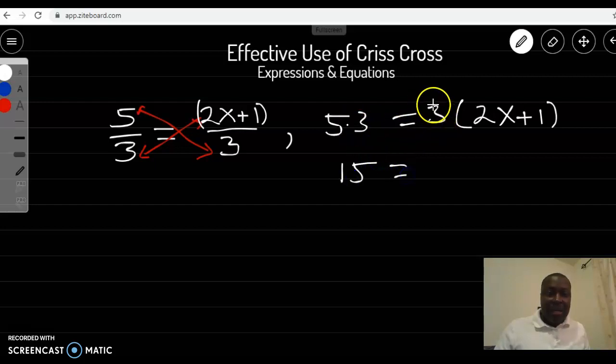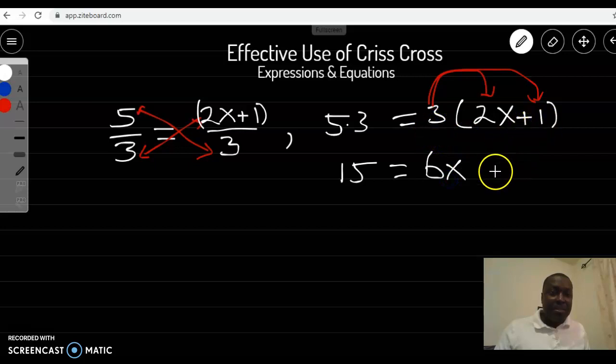Here you have a number standing outside, it's being distributed, so it's going to multiply this, and at the same time it's going to multiply this also, so that we can remove the parentheses, or some people will say the bracket. So this times this gives us 6, and then you bring your variable, and then this times this, you get 3.